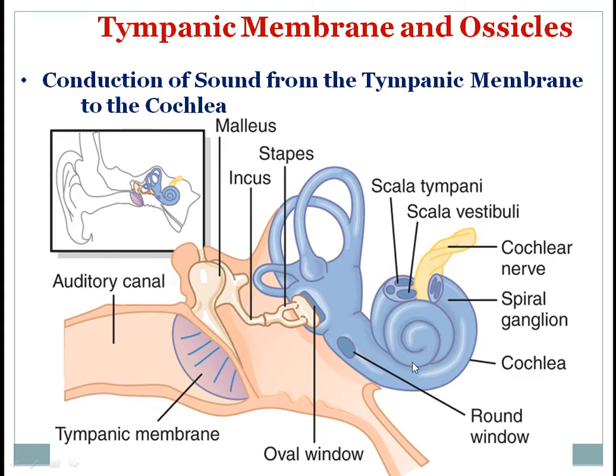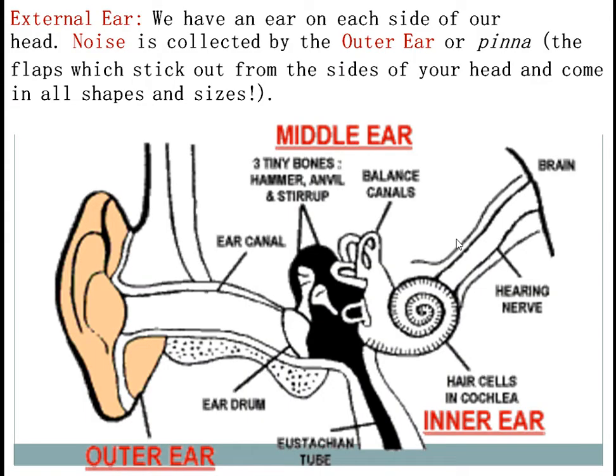The movement of the fluid present here initiates the impulse which is conducted through the cochlear part of the vestibulocochlear nerve. This is the whole story, and we will discuss this whole story in detail one by one.